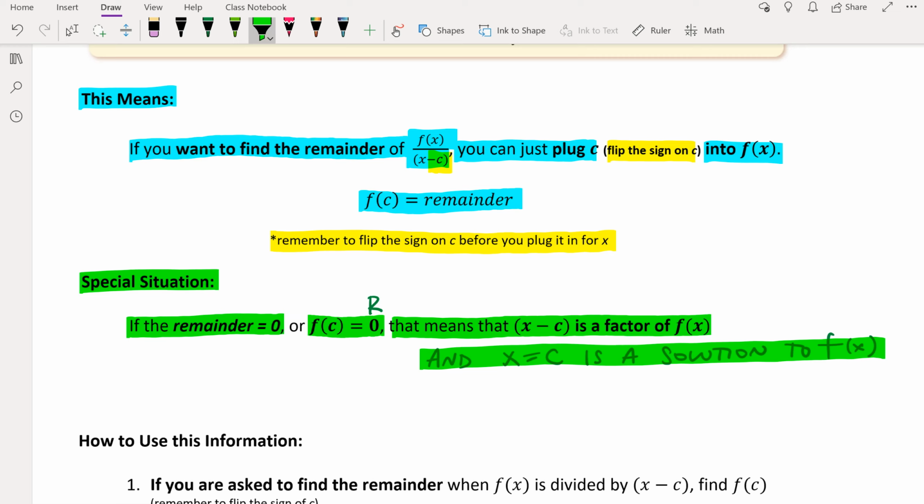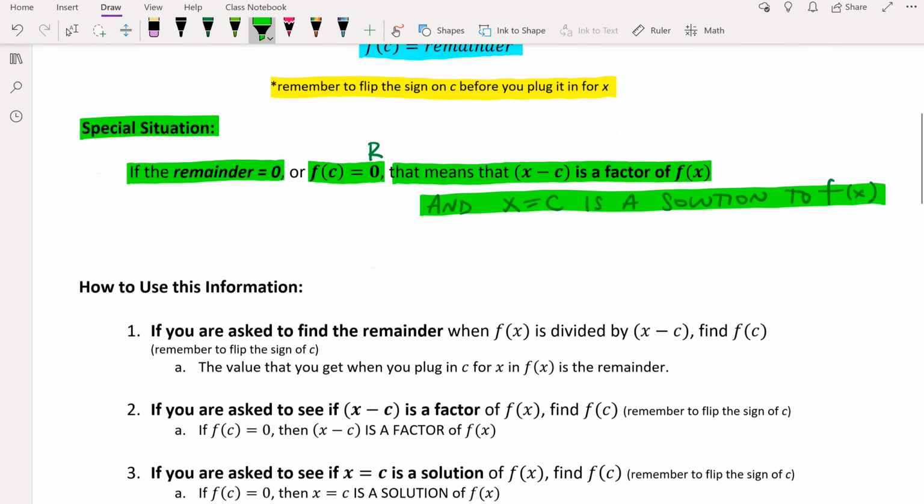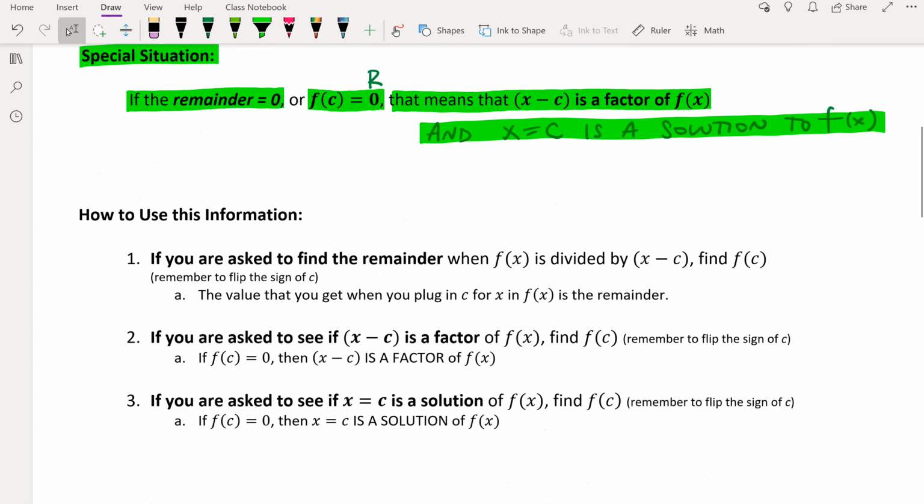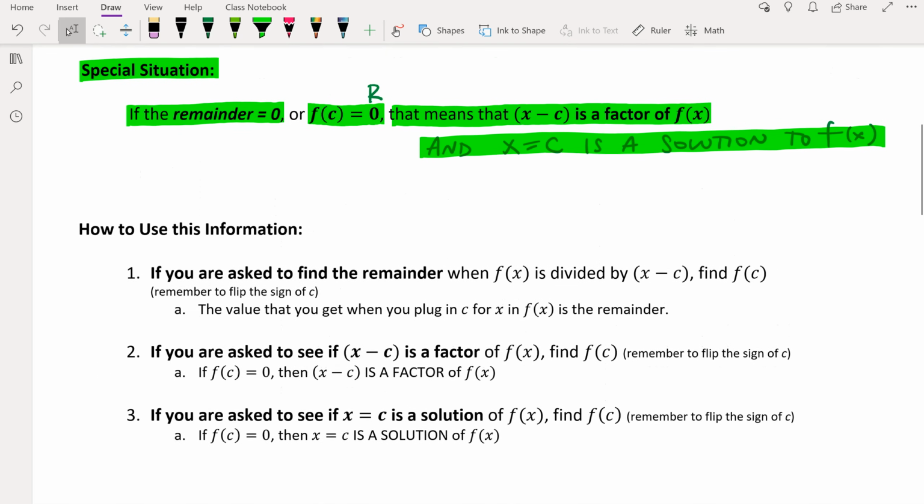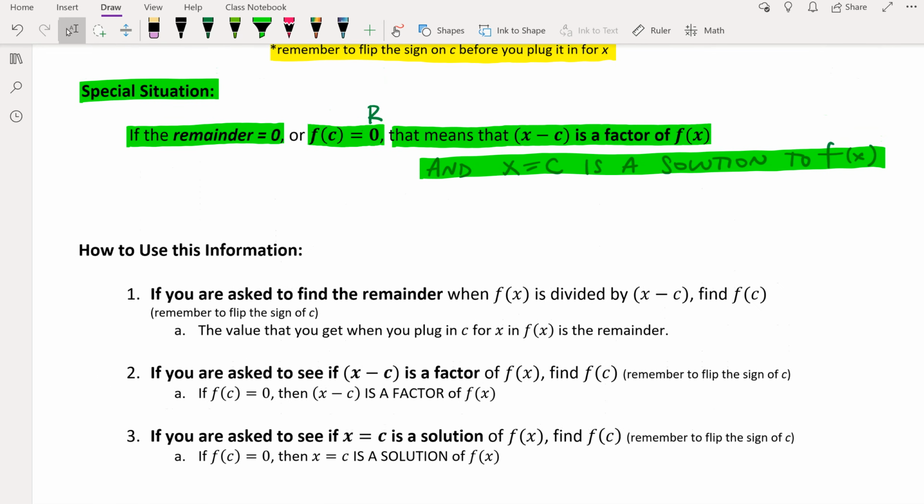Okay, so how do we use this information? These 3 ways that we can use this information are also very important, so I would love for you to get this down in your notebook. If you aren't able to get it down in this time, remember this is in the content library of your OneNote.